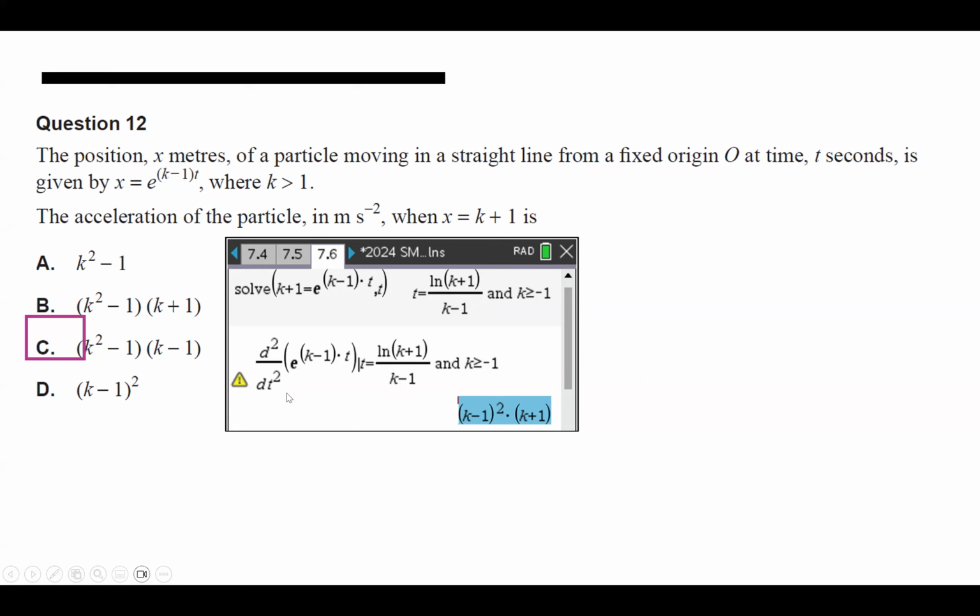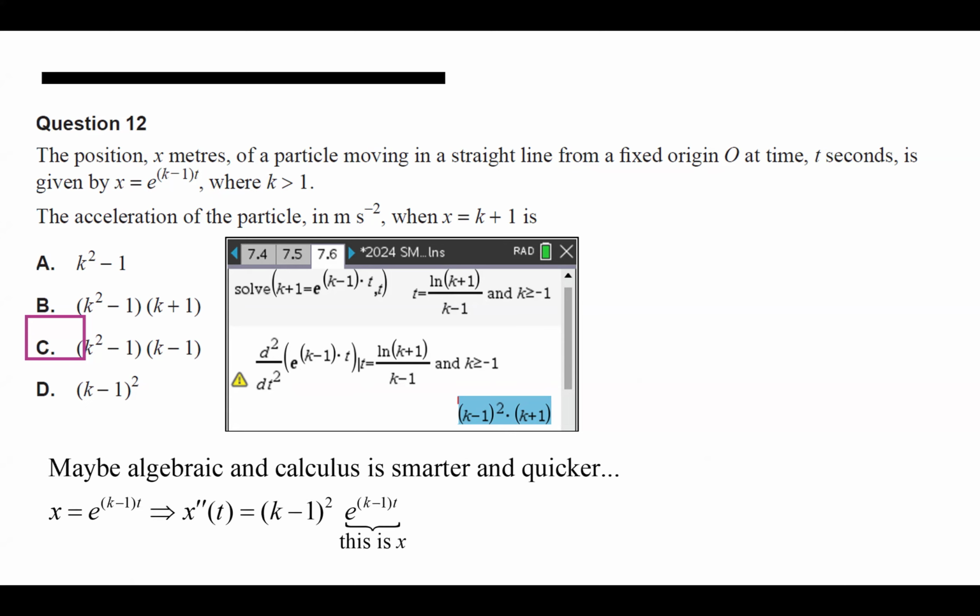This is my initial thought. But of course, maybe an algebraic and calculus approach is smarter and quicker, because when you differentiate this exponential function twice, it's just this term multiplied by k minus 1 and then multiplied by k minus 1 again, which gives you k minus 1 squared e to the power k minus 1 t.